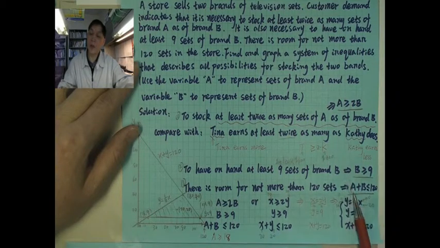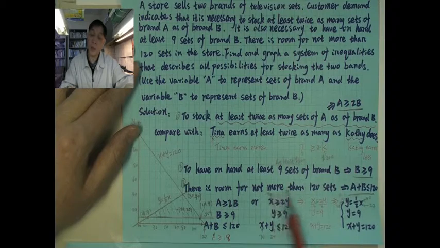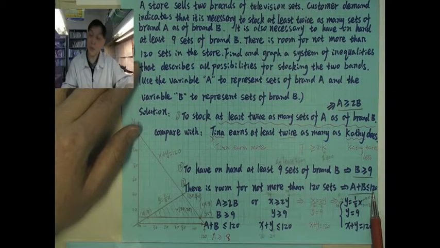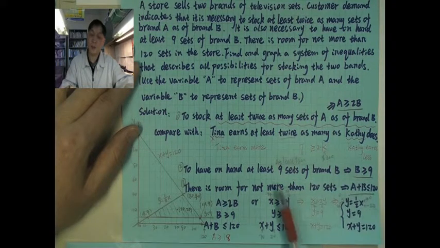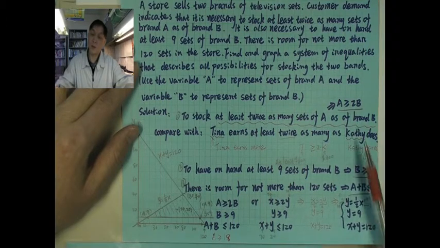So A and B together in a store shouldn't be more than 120. Less than or equal to 120. Not more than means less than or equal to. So here, the equal sign is included. At least also includes the equal sign. It might be equal.